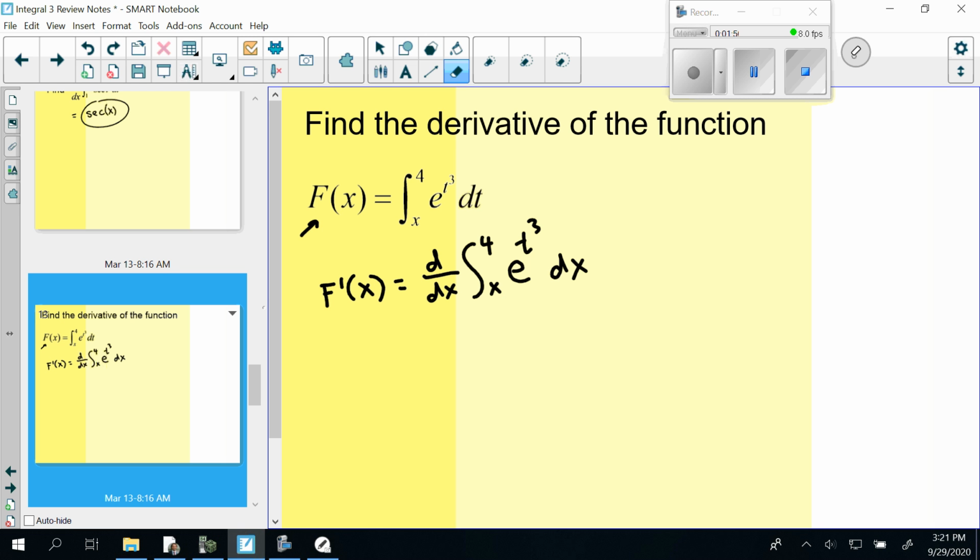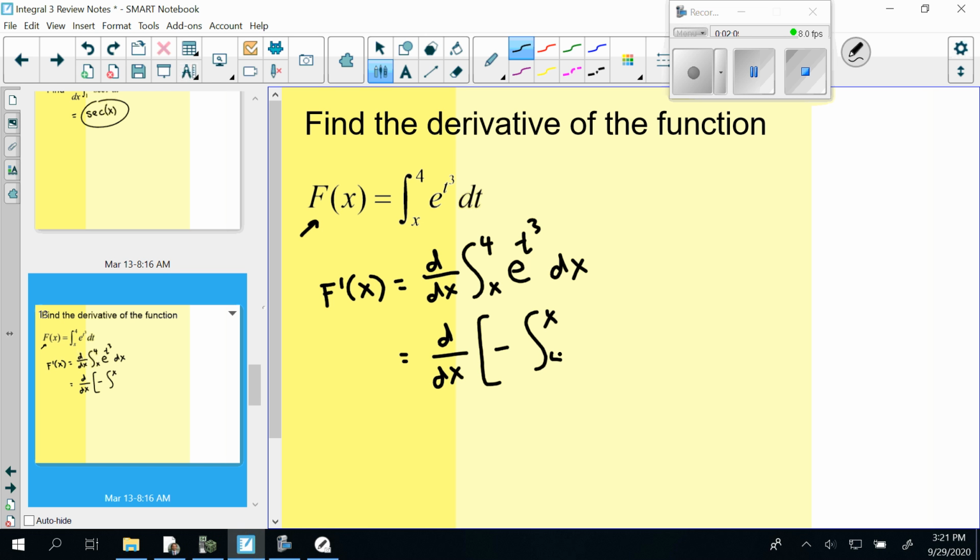We can remedy that though using some of the integral properties. Remember, if you switch around the two limits, what that results in is the same thing but negative. So we can switch our upper and lower limit around, and that means you're going to get the same value, just opposite.